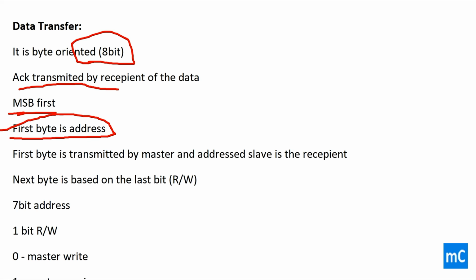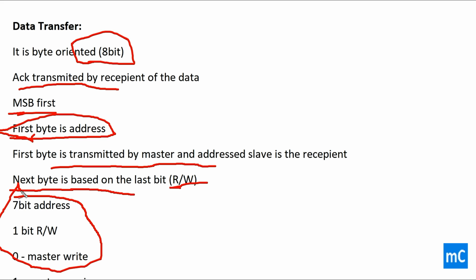In all kinds of communication, the first byte from the master is always an address. The first byte is transmitted by the master and the addressed slave is the recipient. The next byte is based on the last bit, R/W, that is read or write.